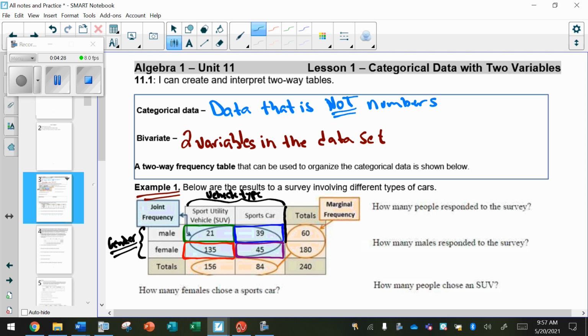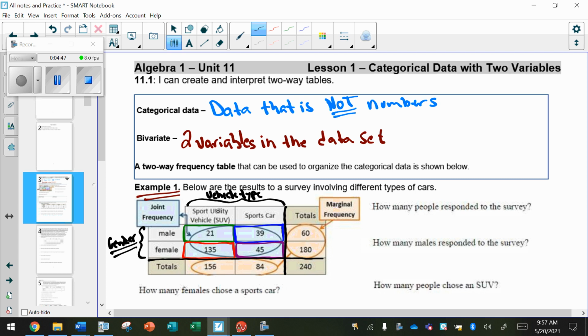Along the margins of our box, these are the marginal frequencies. Those are the totals. So across this first row would be a total of 60 people who identify as male. And the second row would be 180 people who identify as female.